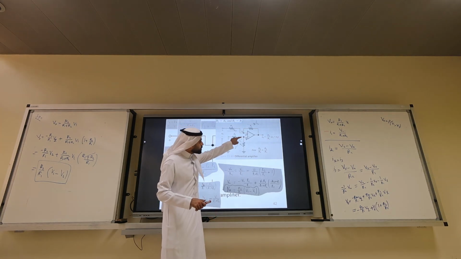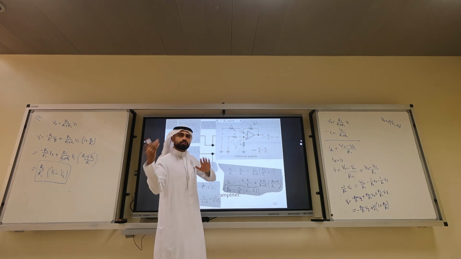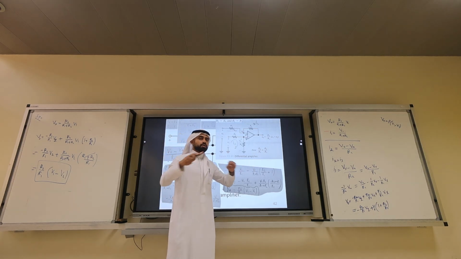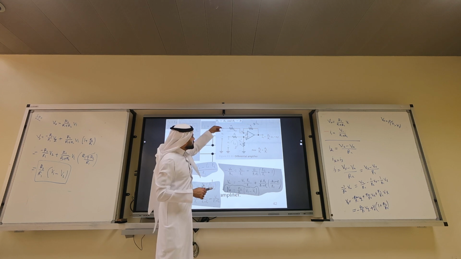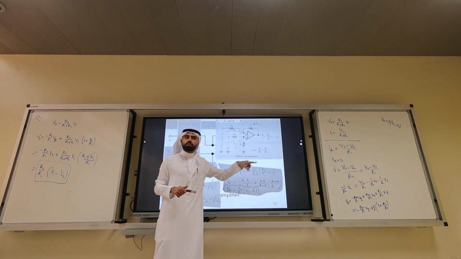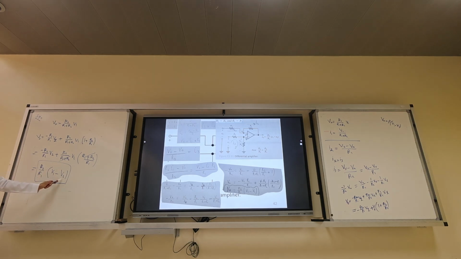Then we substituted what Vx is, and we separated R2 and R1 between left and right. We had to make sure that there is negative feedback here. We have the inverting input at V2, non-inverting input at V1. So if you look at the output, V1 is always positive, V2 is always negative.